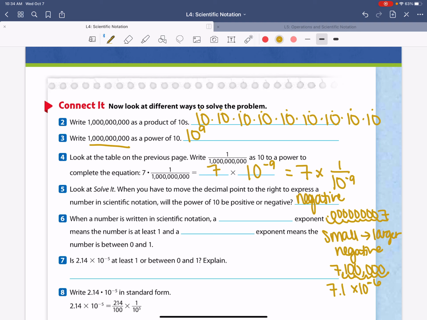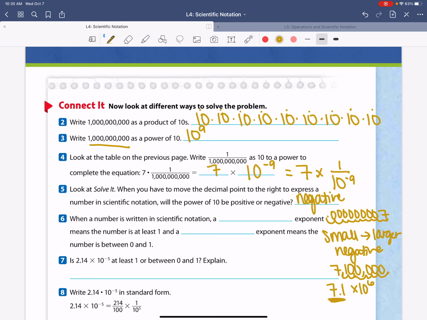So I move it left 6 places. I moved it left, but that doesn't mean it's negative. I need this to be a positive exponent because 7.1 is much smaller. I need to make that number bigger in order to get it back to 7.1 million. So it's thinking about it in the opposite way.